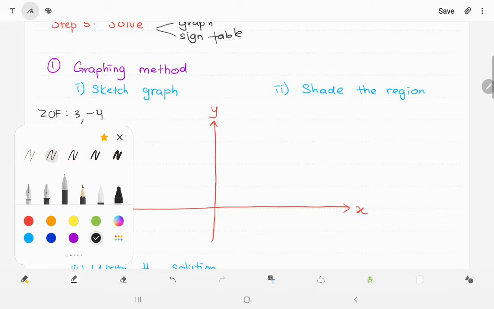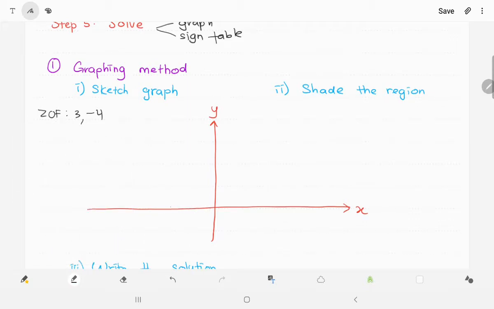Now I labeled this is negative 4, this is 3. Now we draw. A smiley means from negative 4 connected to 3 and then go upwards. Sorry, a bit shaky, but you get what I'm trying to draw, a quadratic function.